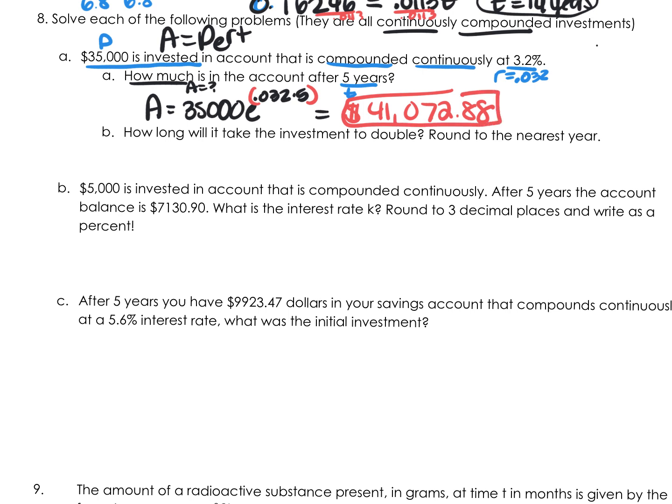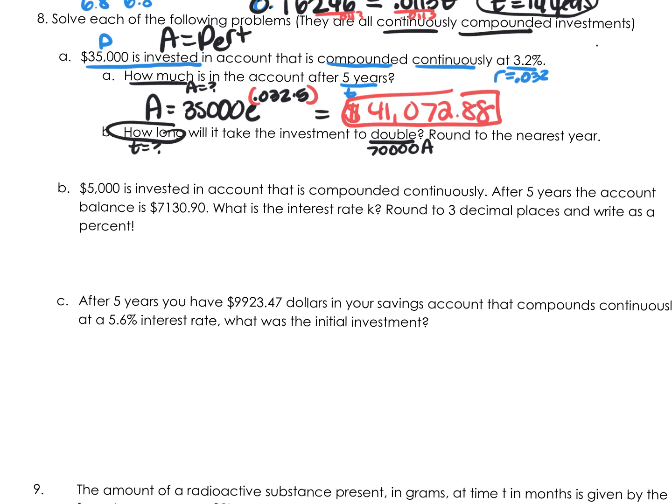For number 8, we want to find out how long it will take the investment to double. So if we want to know when the investment doubles, we're looking at 35,000 times 2. So that'll be 70,000. So that will be our ending amount, A. And we want to know how long, so we're looking for t.